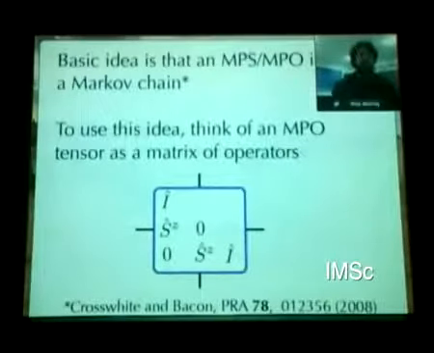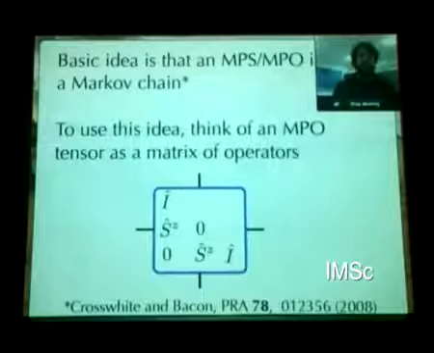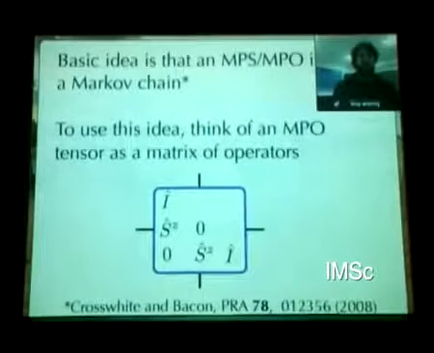Thinking of the case, for instance, of 1D Hamiltonians, but you can also do this for 2D Hamiltonians. The basic idea is that you want to look internally at the structure of one of these matrix product operators. The thing we're going to exploit is that you can think of a matrix product operator as actually a Markov chain, which I don't have too much time to get into, but we'll see some of it. This is explained in a paper by Crosswhite and Bacon, 2008.